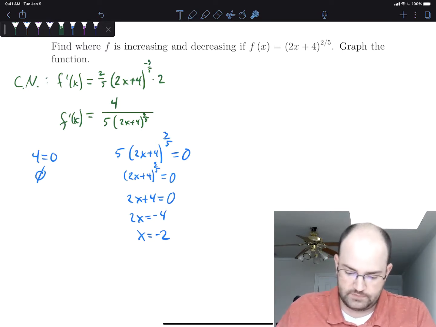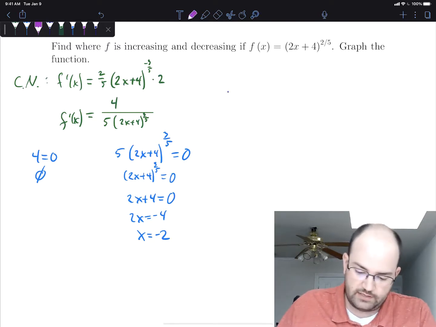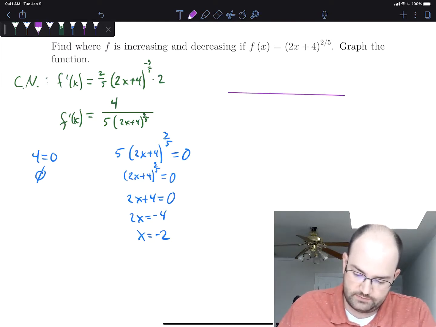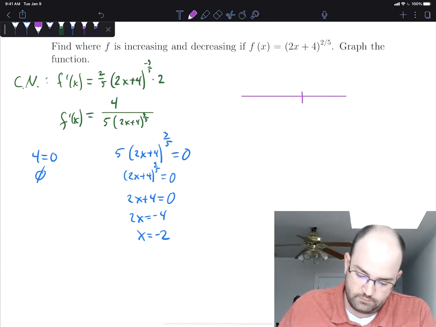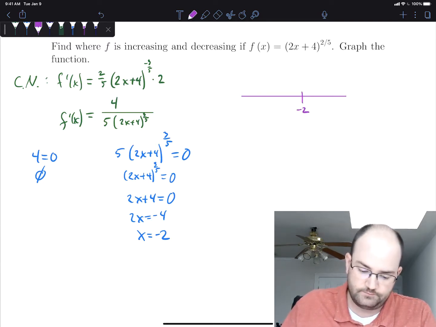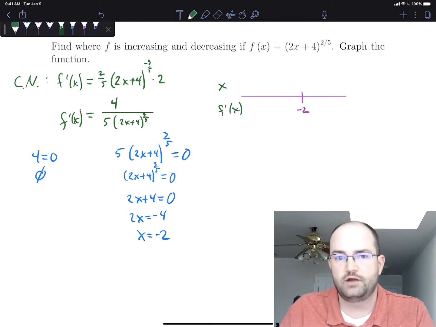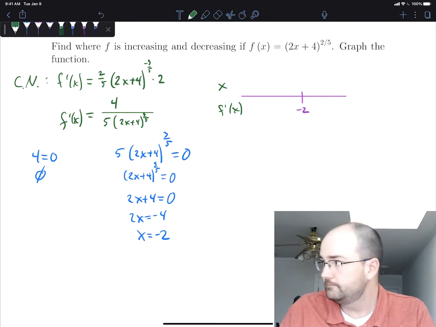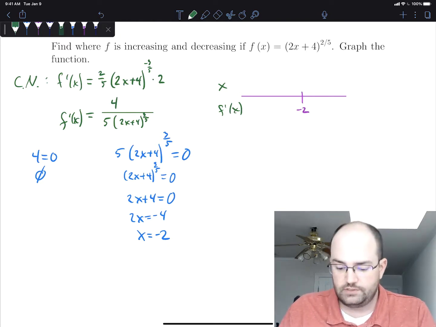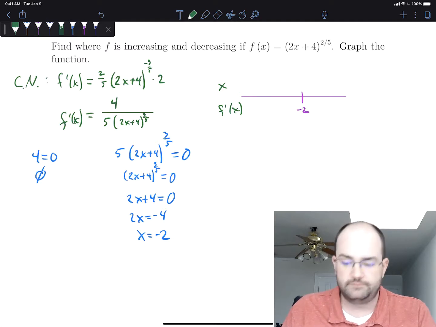Now, that means that we can go ahead and look at the number line, and I can break it up at negative 2. I want to choose an x value in each region and plug it into the f prime. I want to know, is the derivative positive or negative there?